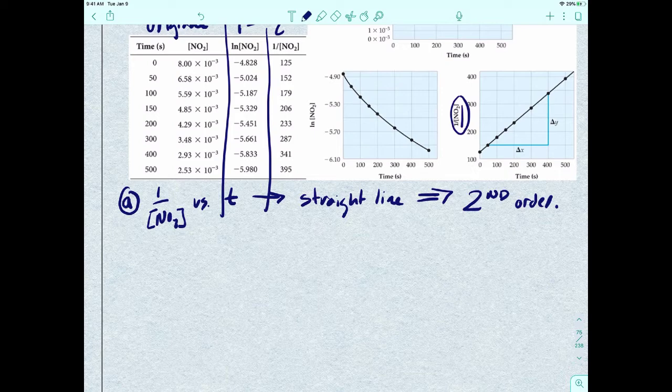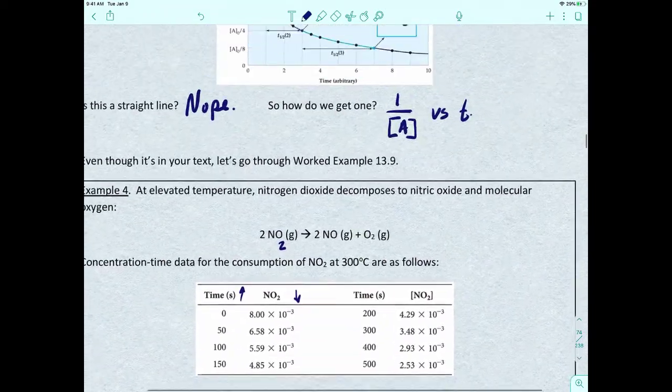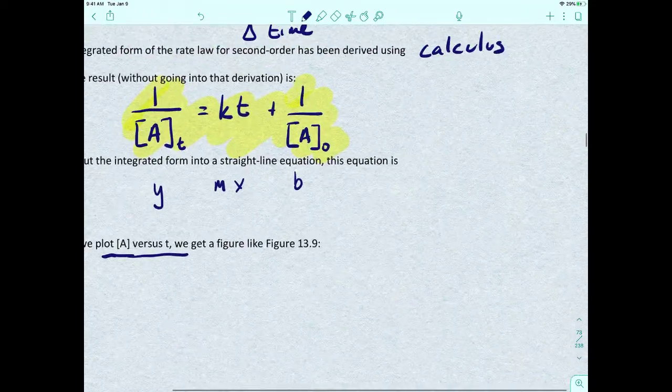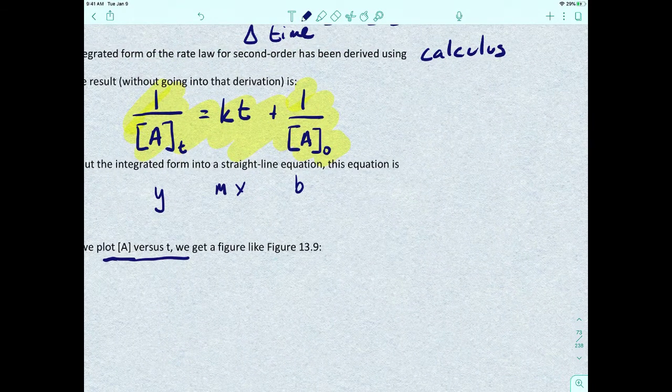Now that we know it's a second order reaction, part B is asking: what is the value of the rate constant for the decomposition of NO2? Going back to our equation, the slope of this line should indicate the rate constant.